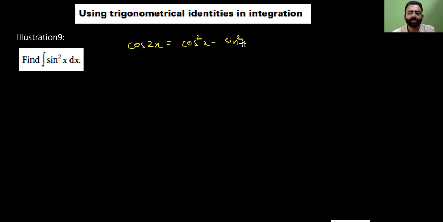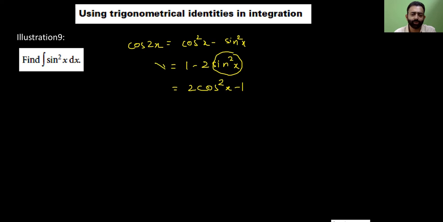As far as integration is concerned, we won't use this formula as much as the following two: 1 minus 2 sine square x, and the third formula, 2 cos square x minus 1. Because either the integral will involve sine square x, in which case we use this formula, or if the integral is just cos square x, then we will use the other formula.